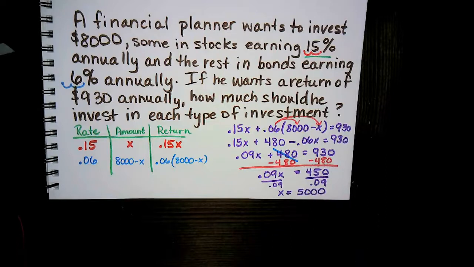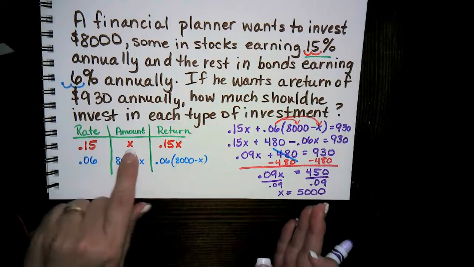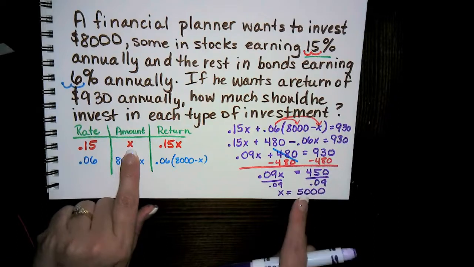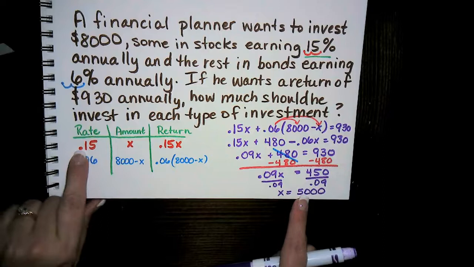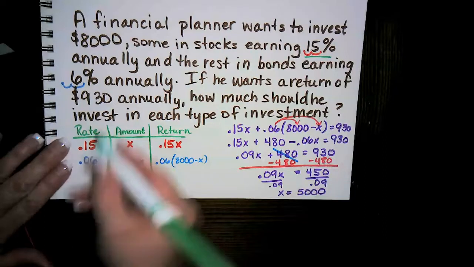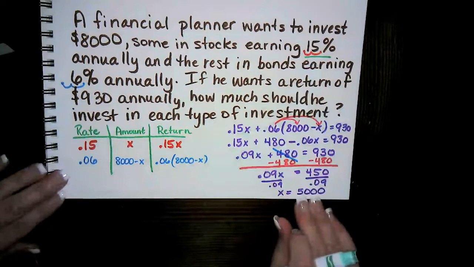Again, do that calculation in your calculator. Now here's the tricky part: what does that 5,000 mean? We'll go back to our chart and here's x. That means I should do 5,000 at 15%. I want to write my answer back using the terminology or the parts of the problem that we needed to differentiate.